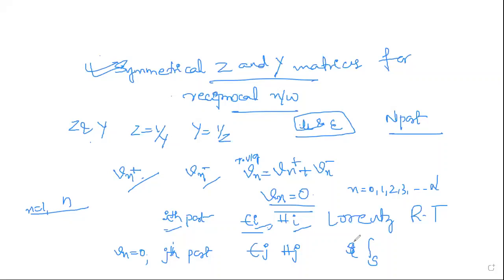According to the theorem, the perfect conducting wall will vanish and only your non-zero integral terms will exist.